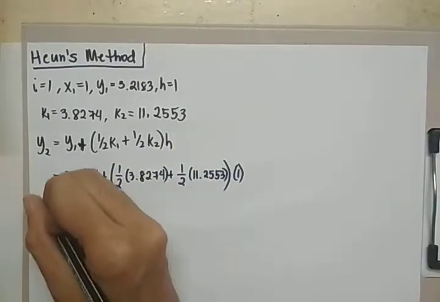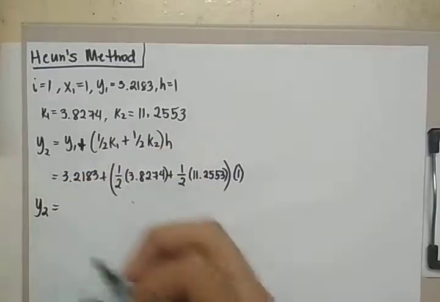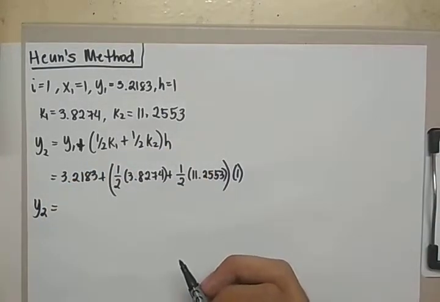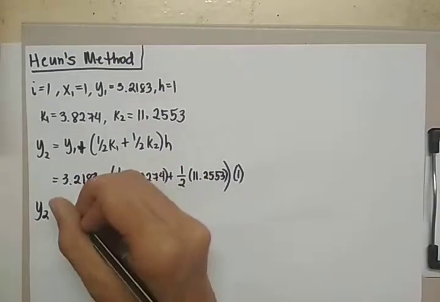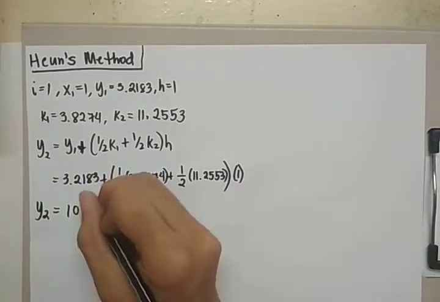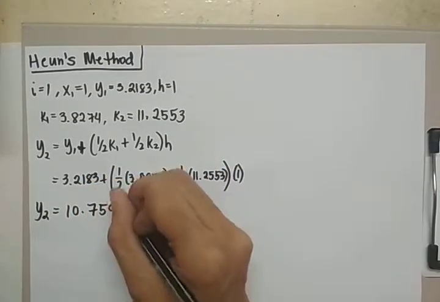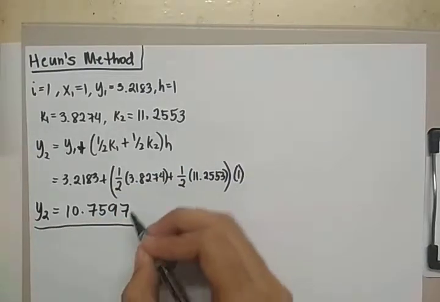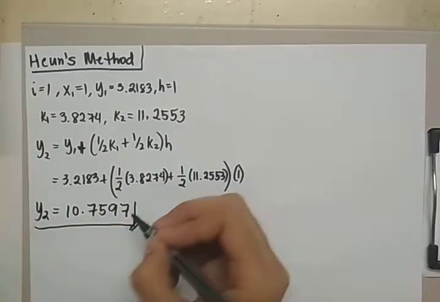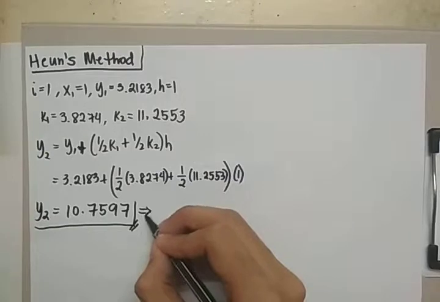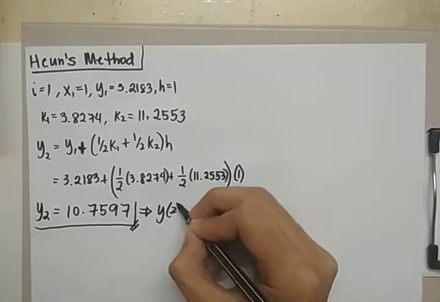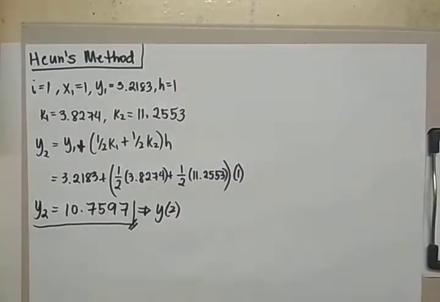By calculating this, we get 10.7597, and this value is our y of 2. That's it. Thank you.